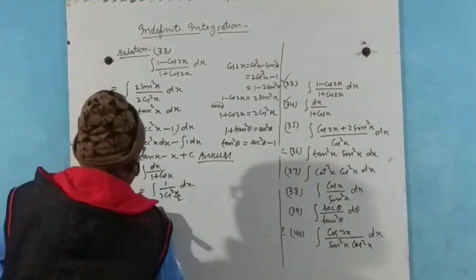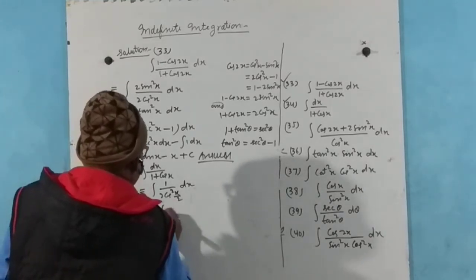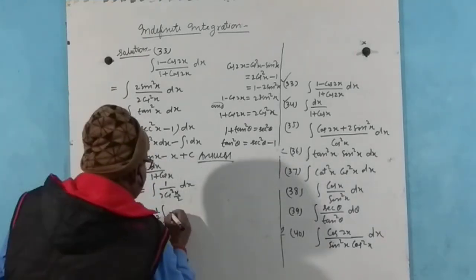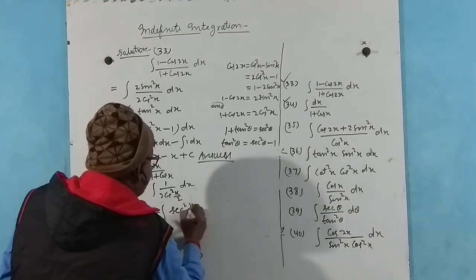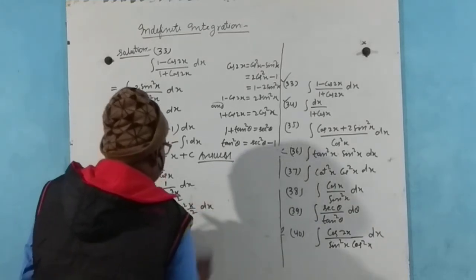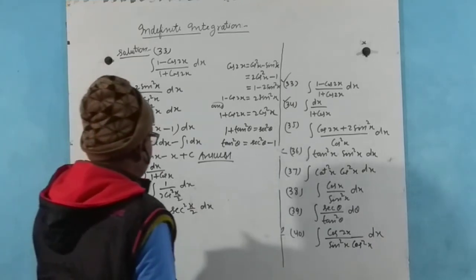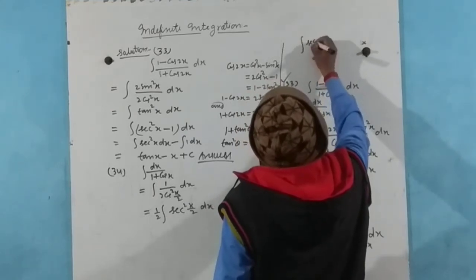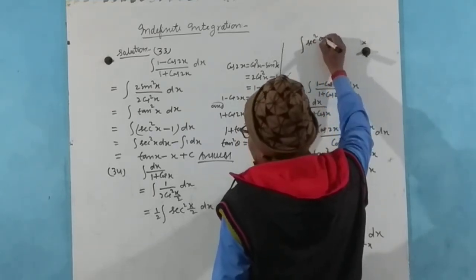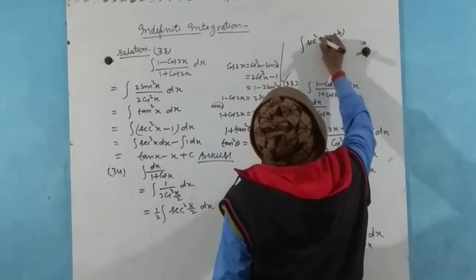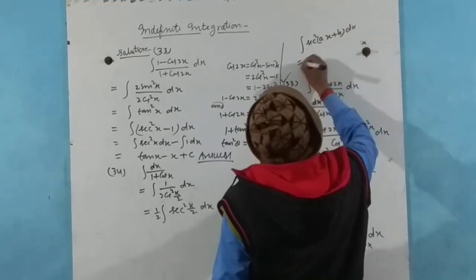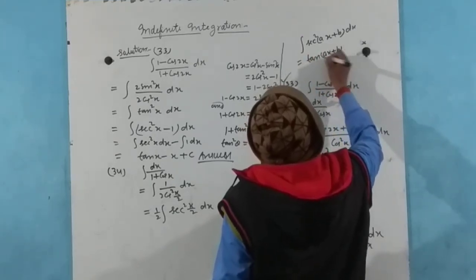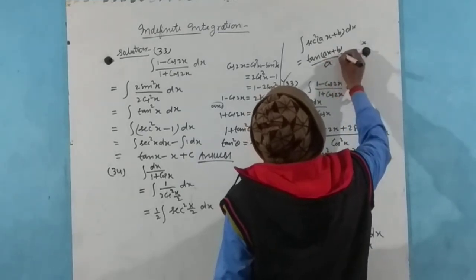And this can be written as integration of 1 by 2, where 1 by cos x equals sec x. This can be written as sec square x by 2 dx. And as you know, integration of sec square ax plus b dx equals tan ax plus b divided by a plus c.